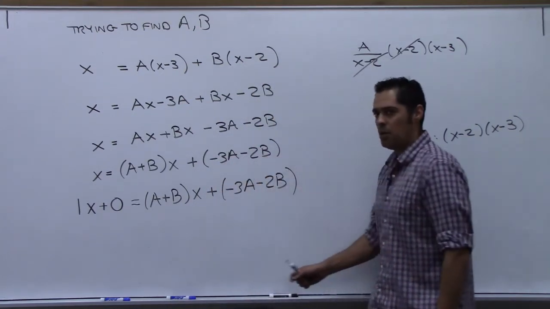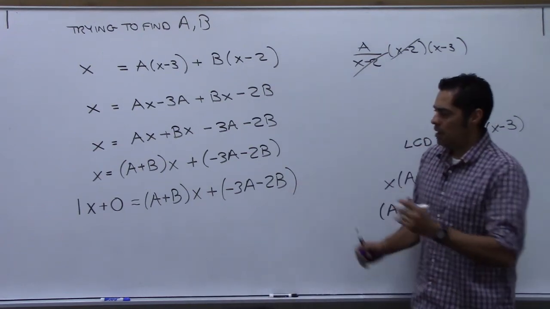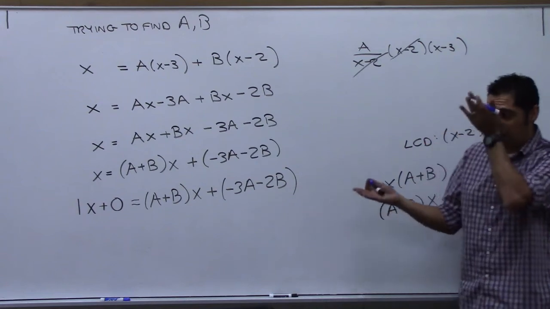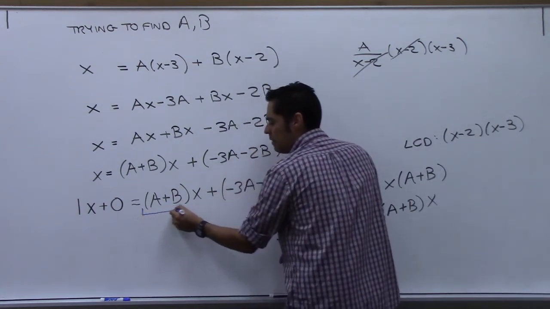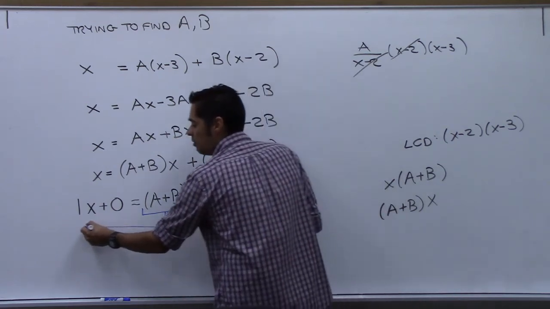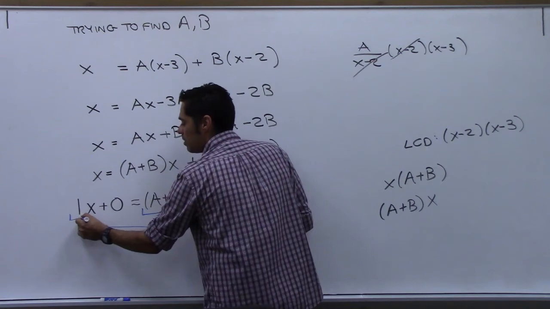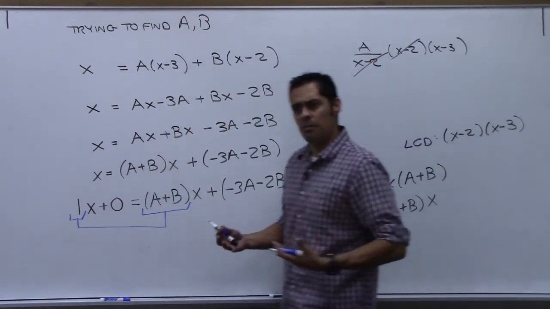Do you see where I'm about to go with this? No? Not yet? If these two sides of the equation have to be equal, then the thing sitting in front of x here must be identical to the thing sitting in front of x here. The coefficient, right? That's the number in front of x.